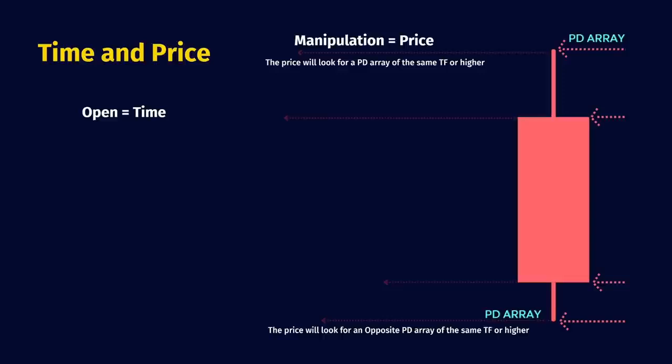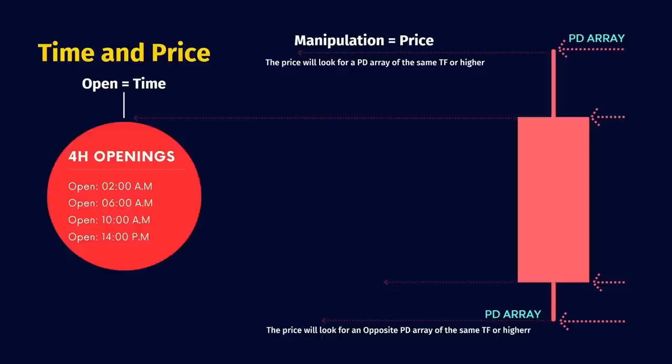Okay, in this topic, the focus is only on the 4-hour candles, 4-hour openings, but these concepts are for every time frame: monthly, weekly, daily, every time frame. But in this topic, it's the 4-hour because it's for intraday purposes.